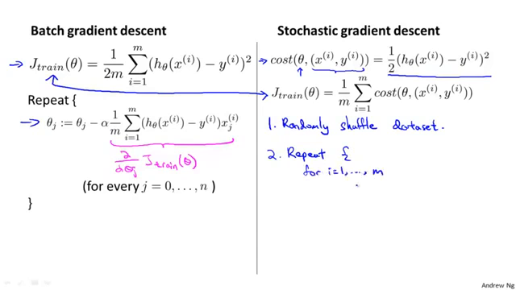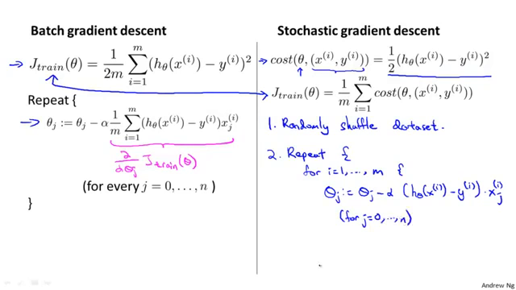So I'm going to repeatedly scan through my training examples and perform the following update. I'm going to update the parameter theta j as theta j minus alpha times h of xi minus yi times xi j. And we're going to do this update as usual for all values of j.